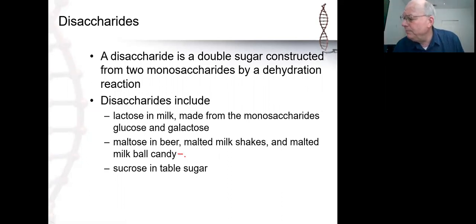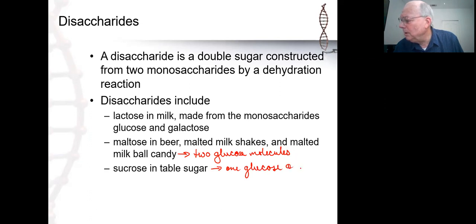So this is 1 glucose and 1 fructose. That's what those disaccharides are made up of.